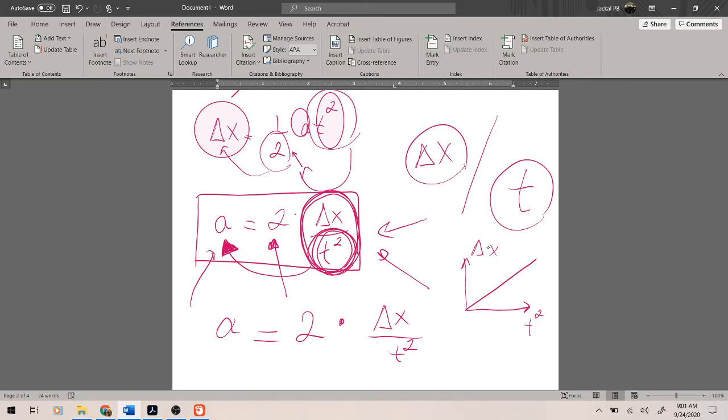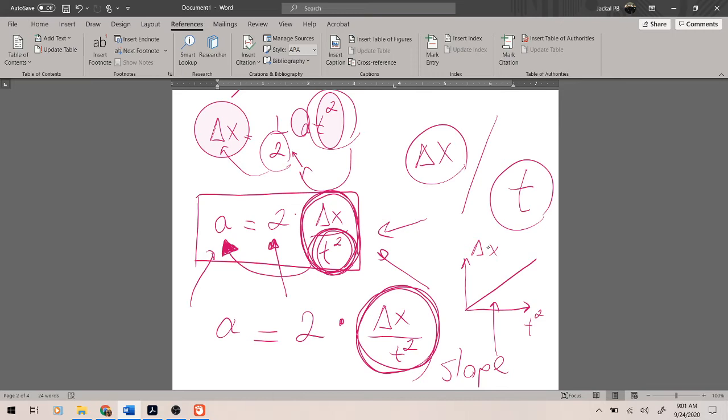And when I get this linear graph and get the slope of this, what is going to be the slope? The entire thing. You don't need to know delta x or t squared individually.